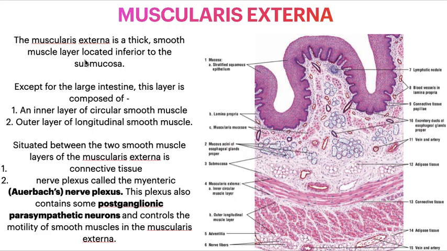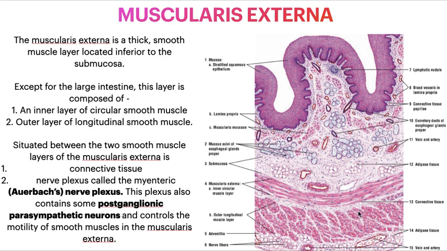Okay, it is a thick, smooth muscle layer located inferior to the submucosa. Now, except for the large intestine, this layer is primarily composed of an inner layer of circular smooth muscle and an outer layer of longitudinal smooth muscle.